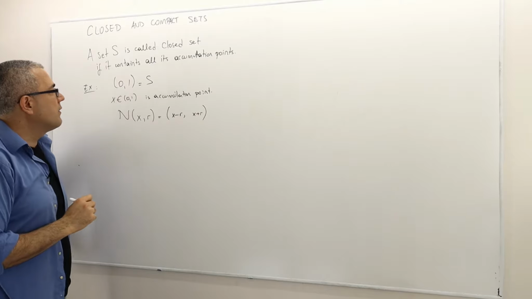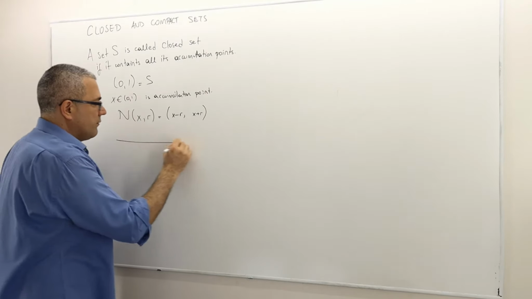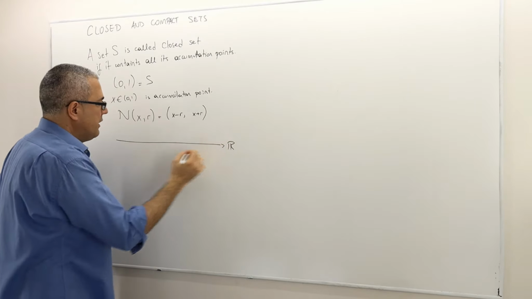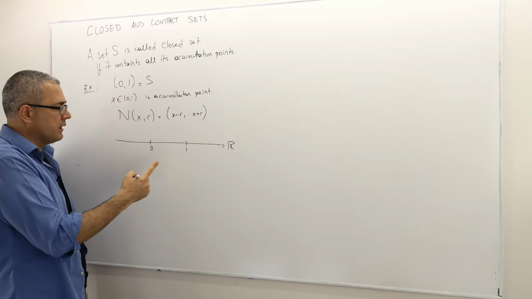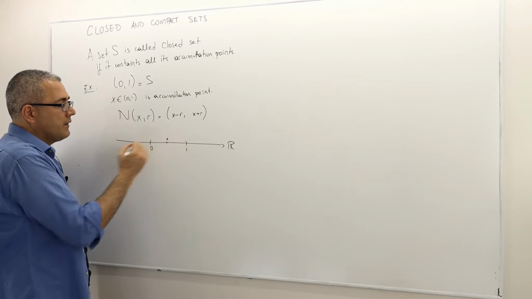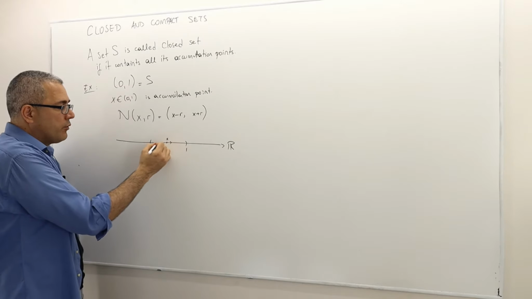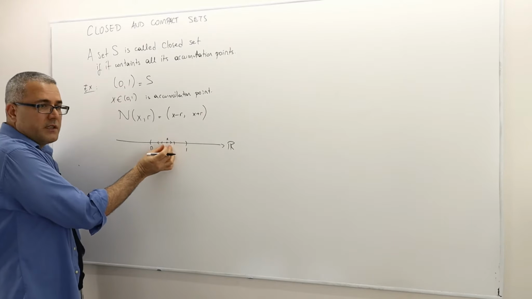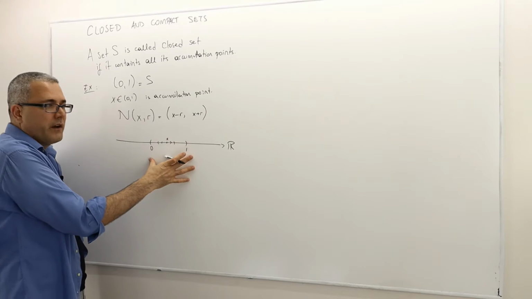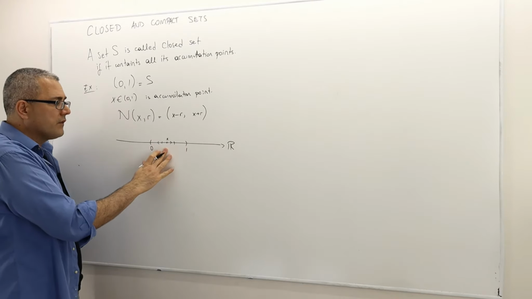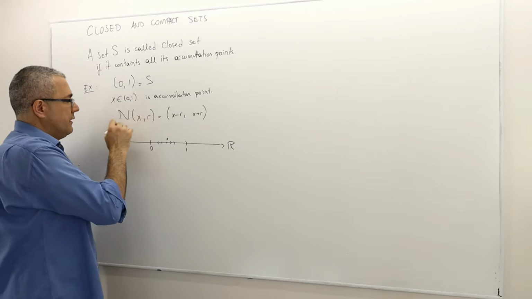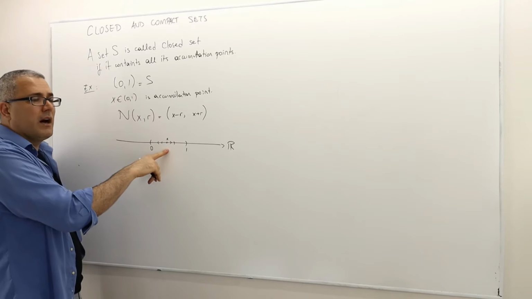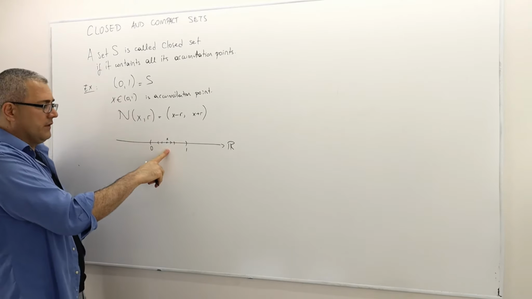So let's say this is the real line, this is point 0, this is point 1, where they're not included. If I pick any point X here, any neighborhood around it, whether very small or very big, will always include some other elements in this (0, 1) interval other than X itself.